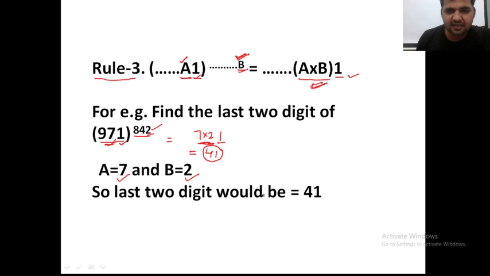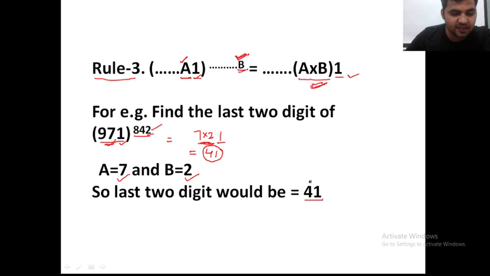So A into B, that is 7 into 2, is 14, so 4 will become the tens place digit of this question. So the final answer would be 41. Rule number 3: any number having 1 at its unit place. This is nothing but an explanation through the binomial theorem; it is derived from the binomial theorem.